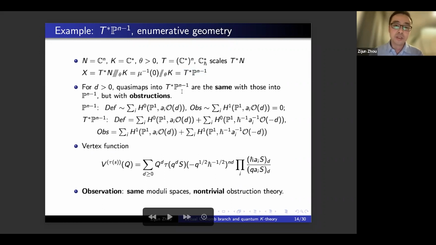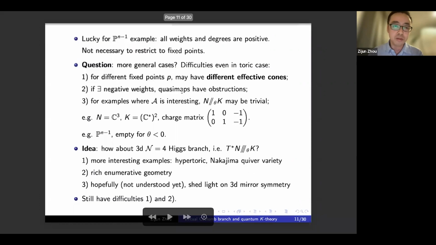And so, I should mention here, apart from the third difficulty, we also have two other difficulties. So we have this second difficulty.